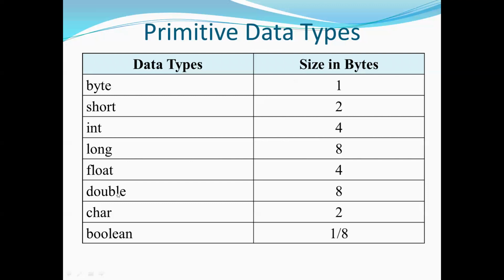Float and double are used to store floating point numbers. Floating point numbers means fractional numbers, such as 2.5, 3.4. If you want to store those types of values, you will use float and double. Char is used to store a character, and boolean is used to store the boolean value, that is true or false.